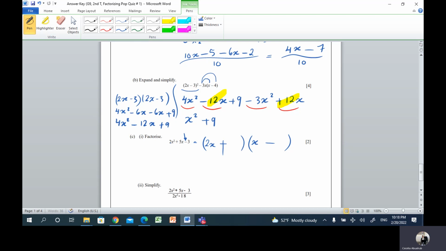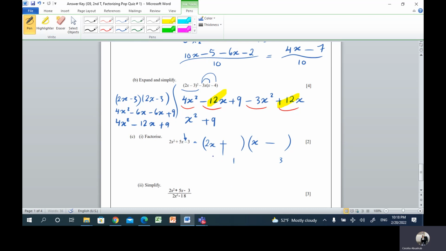This is the first term, which will give us 2x squared. 3 is a prime, so only 1 times 3 will give us the number 3. So we have the following options. We're either going to place the 1 here and the 3 here, or we're going to change the signs.